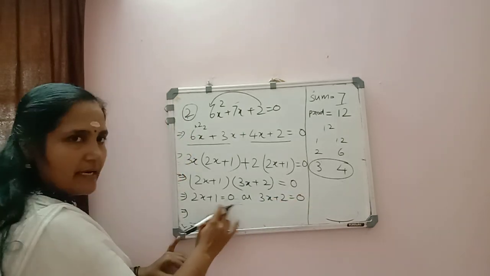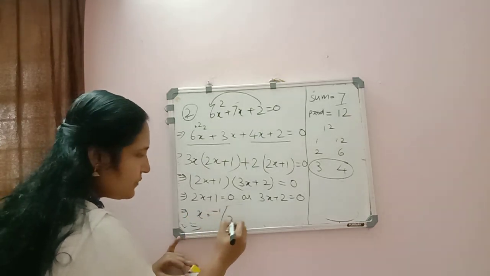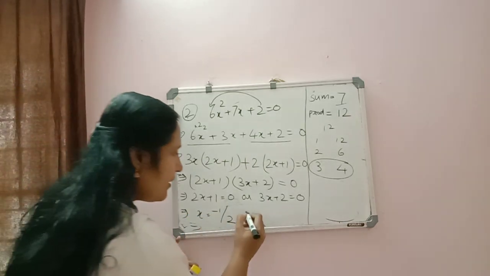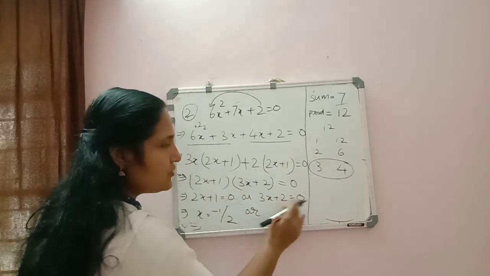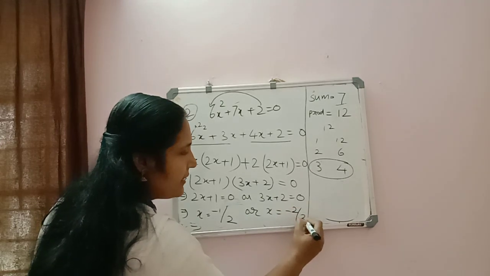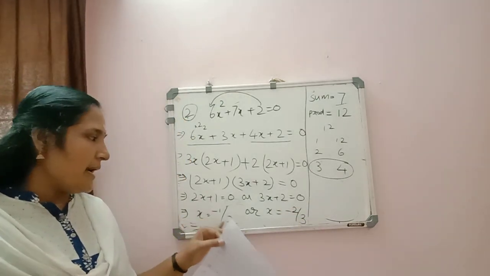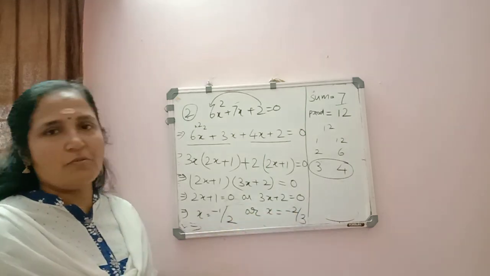If 2x plus 1 is equal to 0, then we will get x is equal to minus 1 by 2. Or if 3x plus 2 is equal to 0, then the value of x will be equal to minus 2 by 3. So again we got the two zeros as minus 1 by 2 and minus 2 by 3.